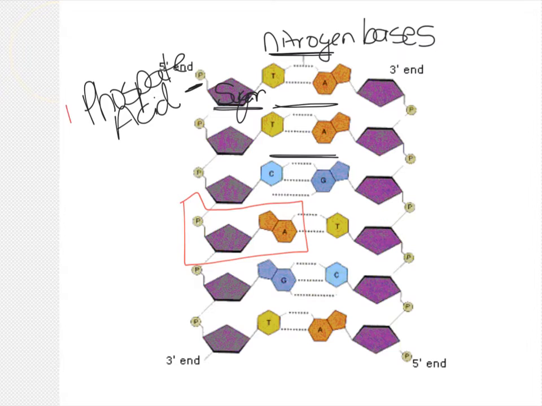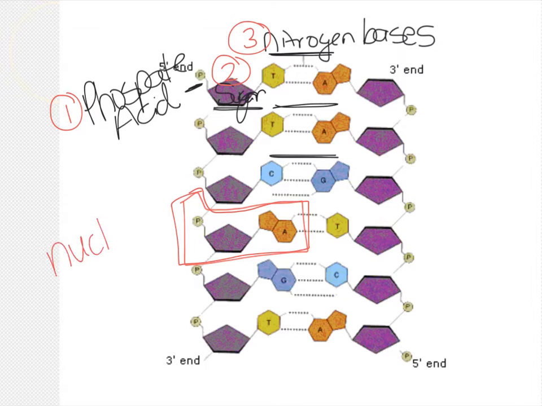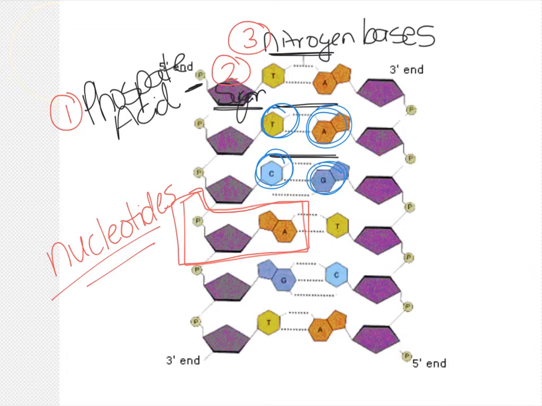So a phosphate acid, a sugar, and a nitrogen base, those three pieces make up the smaller pieces of DNA, which are called nucleotides. And we've also already learned that adenine always matches with thymine, and C and G, guanine and cytosine, always match together.